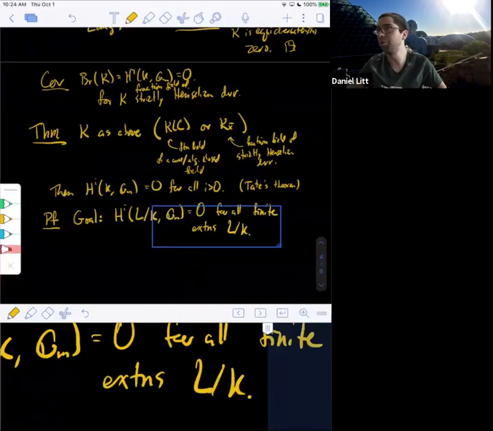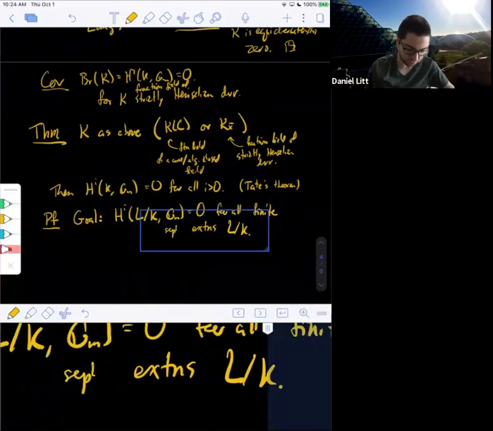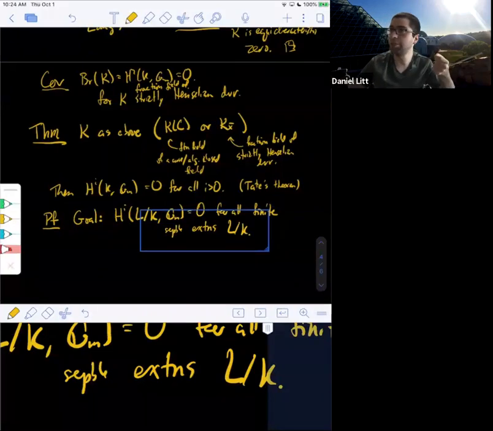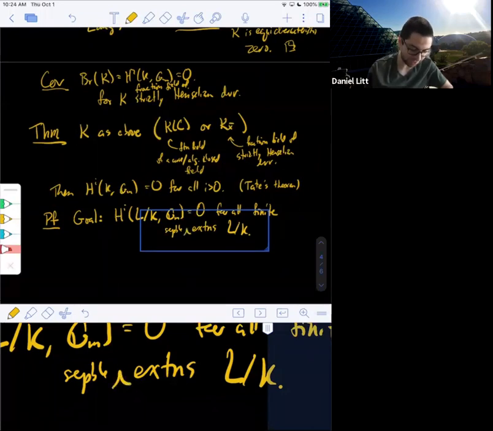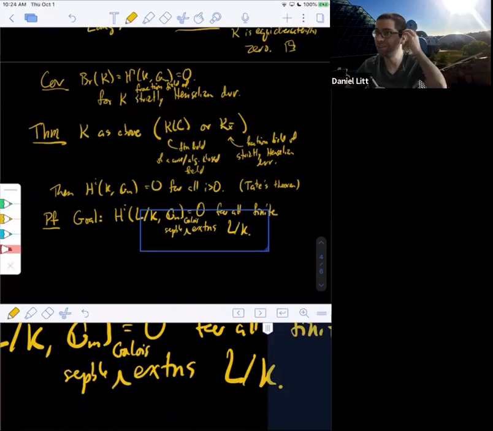One way of saying it is that we're computing the étale cohomology of Spec K. If L is a finite separable extension, that's a cover of K, and we're going to compute the Čech cohomology of that cover. We'll do this for all finite separable Galois extensions. That's enough because Galois extensions are cofinal in the set of all covers.